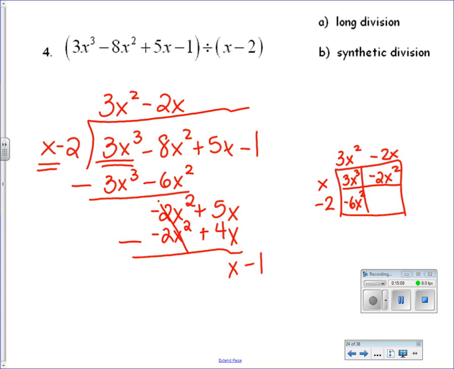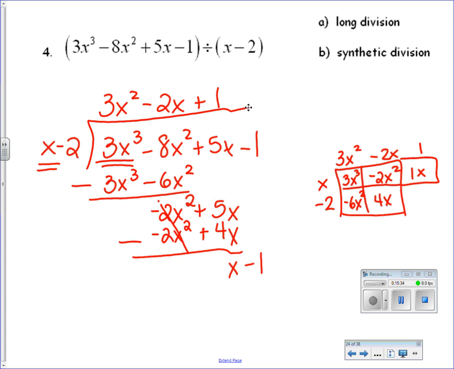Okay, now what do I multiply x by to make x? So this is going to make a 4x here. So you have to think about what do I have to add to the 4x to make 5x? This is going to have to be a 1x. So we needed to multiply by 1. So therefore, this is going to be a plus 1.